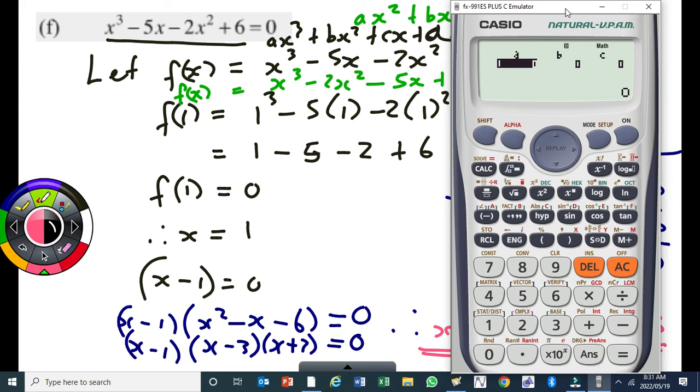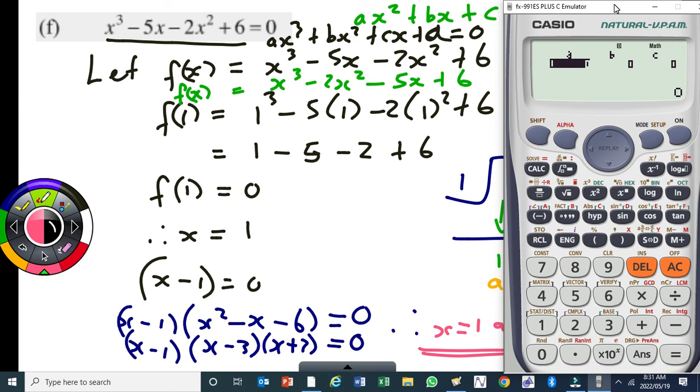Let me just move this a little bit. So we are going to go back to our standard form, which is f of x equal to x cubed minus 2x squared minus 5x plus 6. Right? The value of a is 1. So I'll put 1 there. Then press equals. Then b is minus 2.